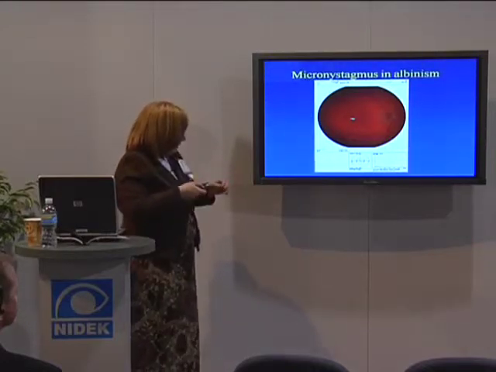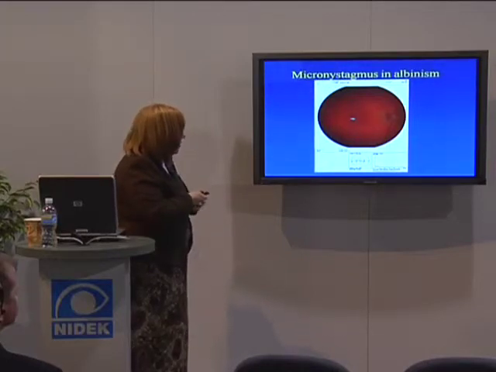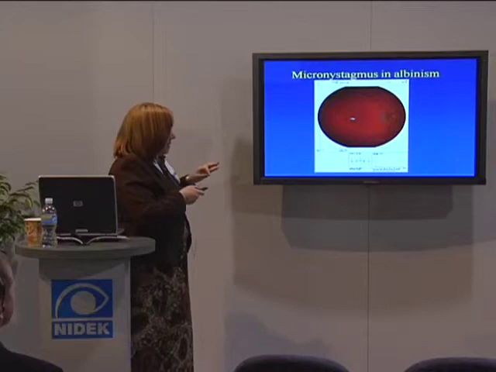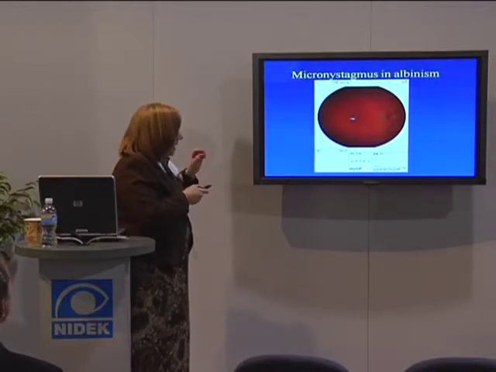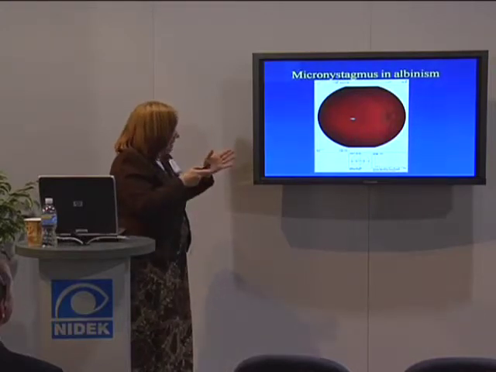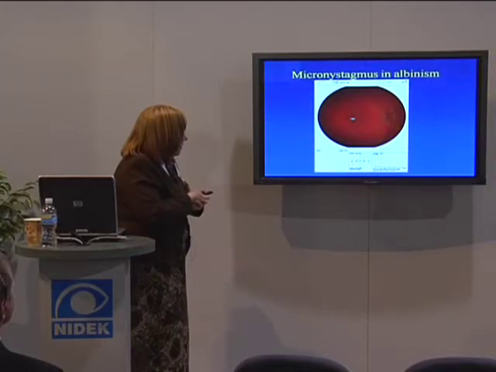Now this happened to be a young man, he's about 18 or 19 now, with very mild albinism. He has some very subtle iris transillumination defects, and he doesn't seem to have any xanthophyll, which is characteristic of albinism.